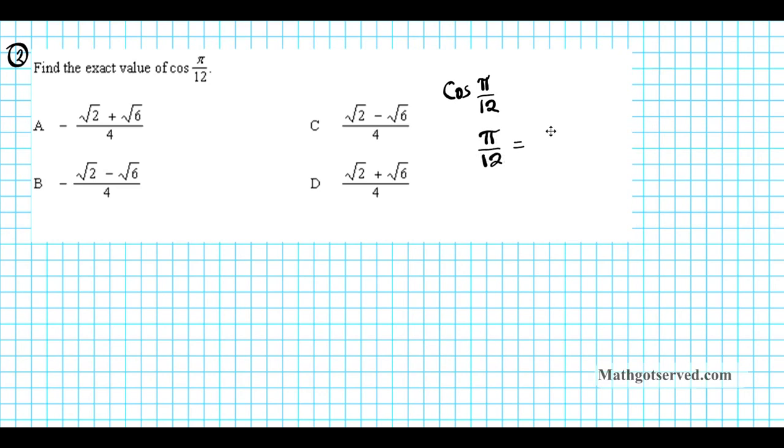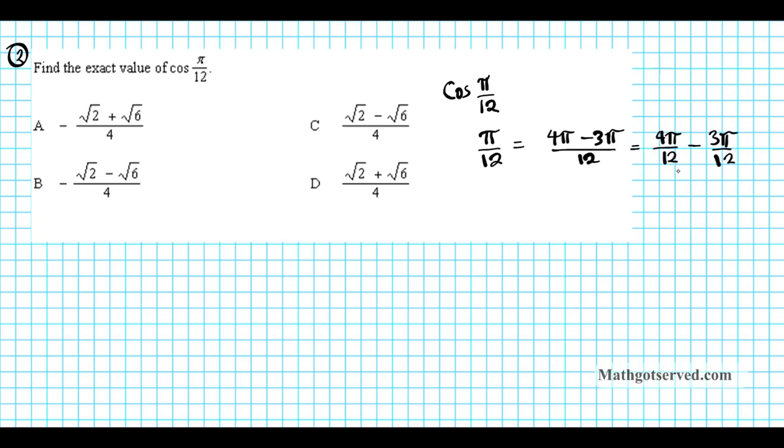So we can use 4 pi minus 3 pi. And both of them go into 12 over 12. And then we can reduce this into 4 pi over 12 minus 3 pi over 12.